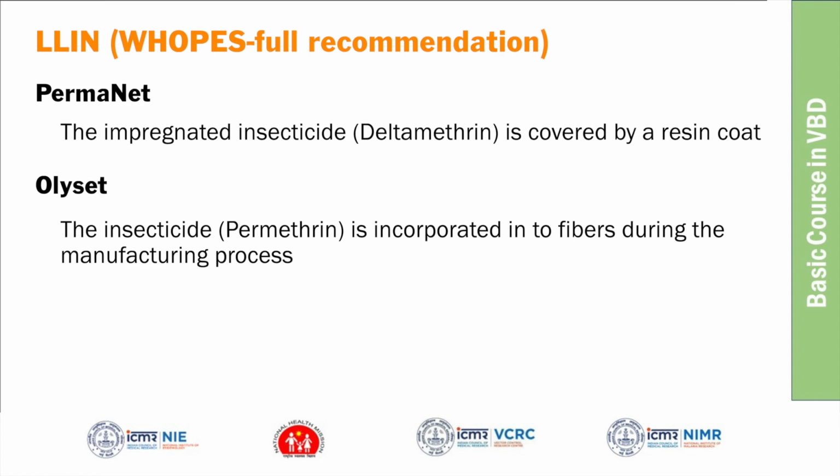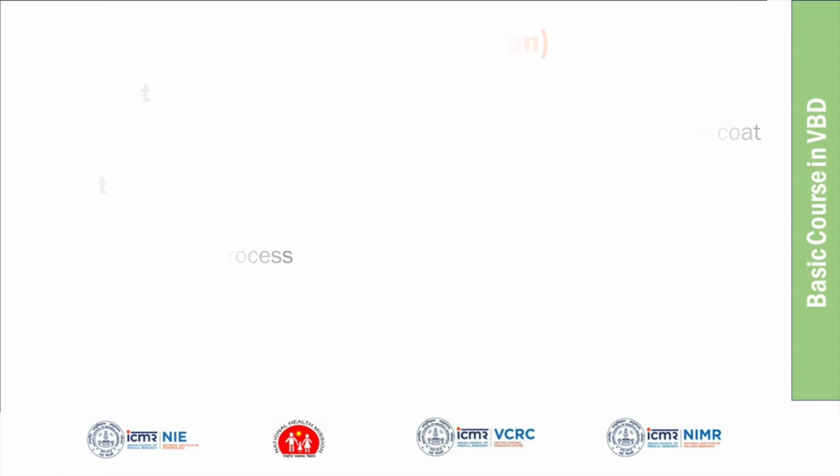Whereas in the case of Olyset, the insecticide permethrin is incorporated into the fibers during the manufacturing process. These are two examples.